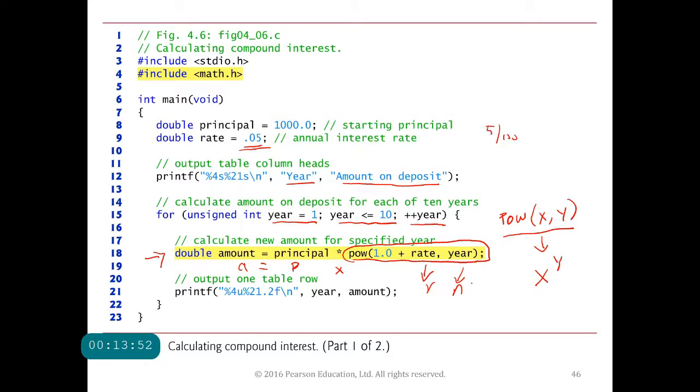So what we have here is pow, so power, 1 plus rate, which is R, comma year, which was N in our mathematical notation at least. So what this means is we are raising 1 plus R to the power of N. Okay, so we're just implementing our formula.